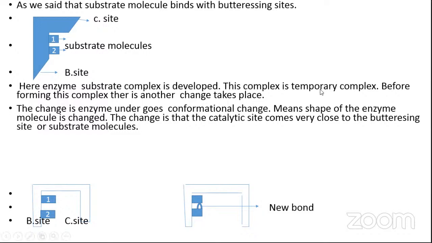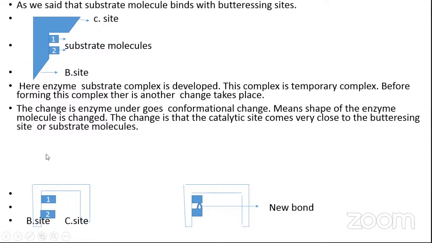But before forming this enzyme substrate complex, there is another change that takes place during this reaction. So one more stage is there before the formation of this complex. This means at the buttressing site, there is an important change.